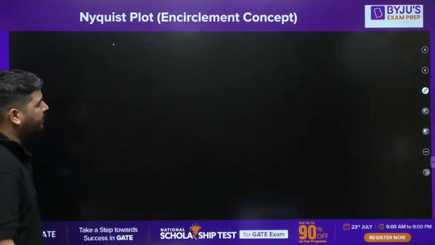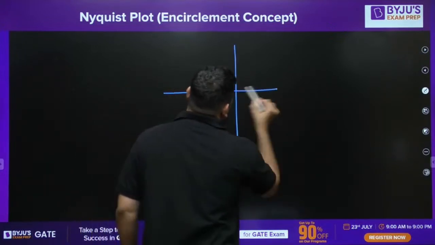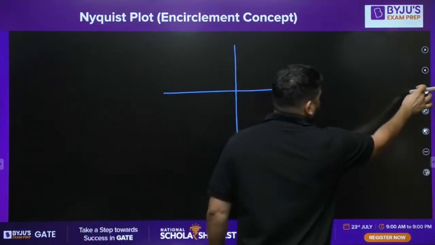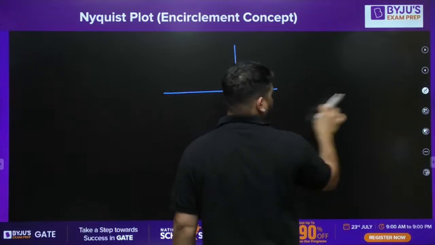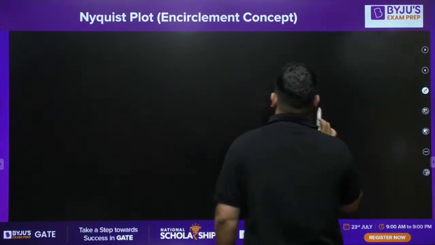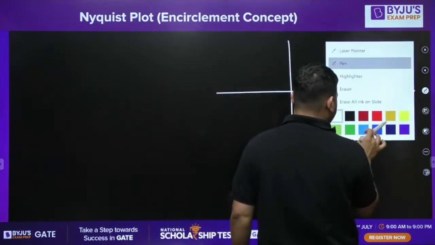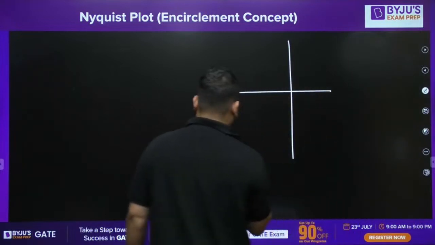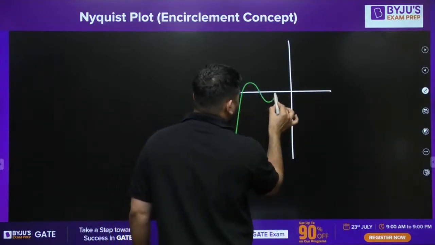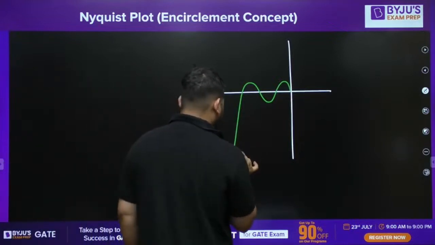Let's take an example. Let's say some polar plot is given to you, and the polar plot is like this.